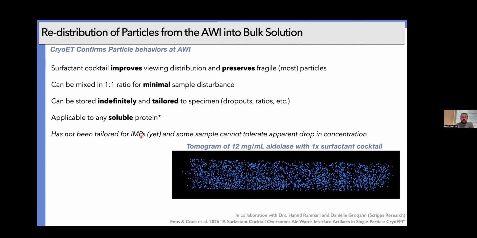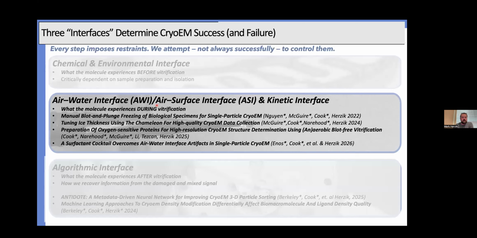But we have started working on IMPs that are solubilized in nanodiscs because we then don't have to worry about breaking up micelles that some of these surfactants will do. And so with that, we're hoping that people will continue to use it and give us feedback because as we tailor this for multiple formulations, we're looking for what the community needs and wants and get their feedback.